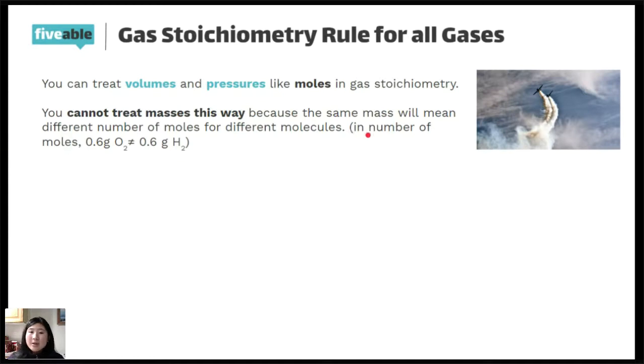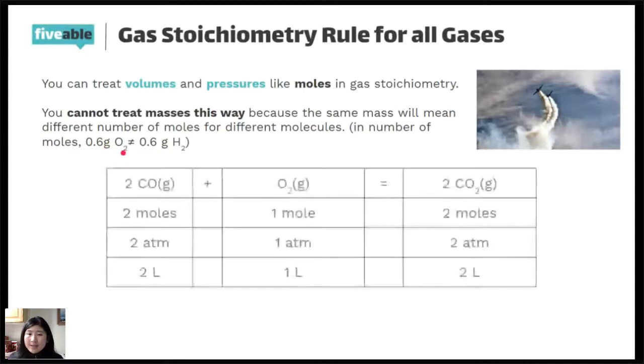Let's say we have 0.6 grams of oxygen, and that does not equal 0.6 grams of hydrogen, because they are different sizes, they have different weights, they have different masses. The mass is all different.